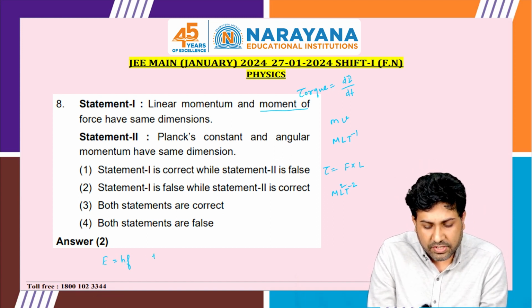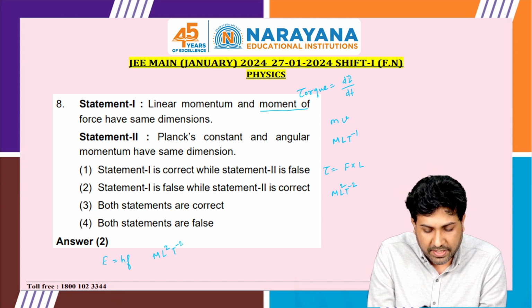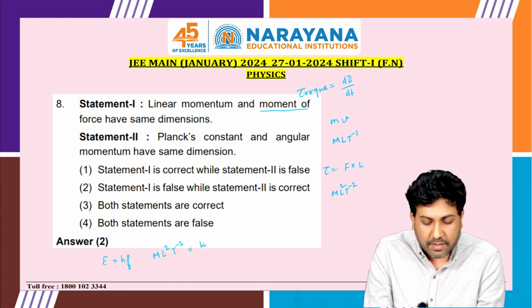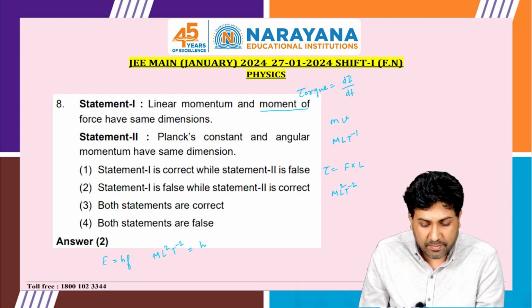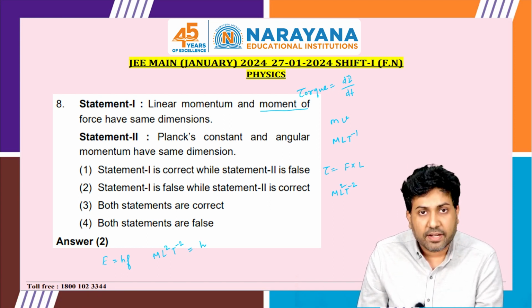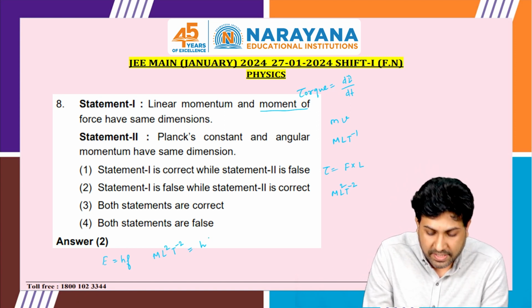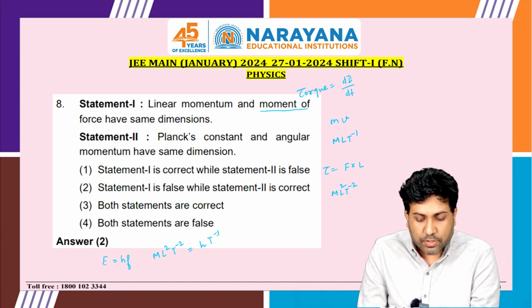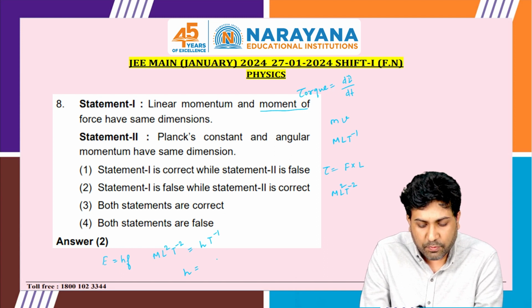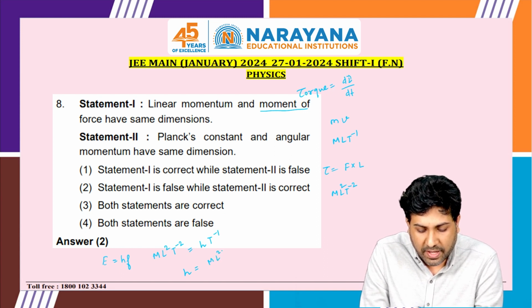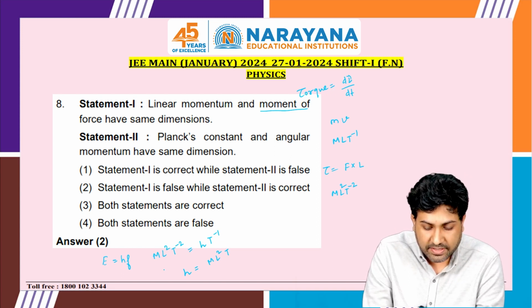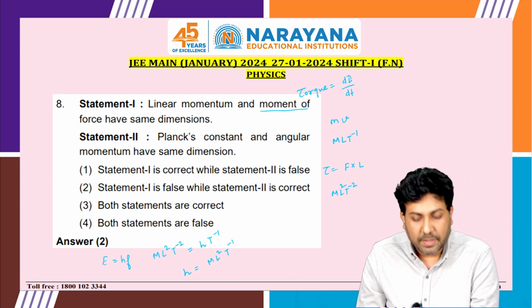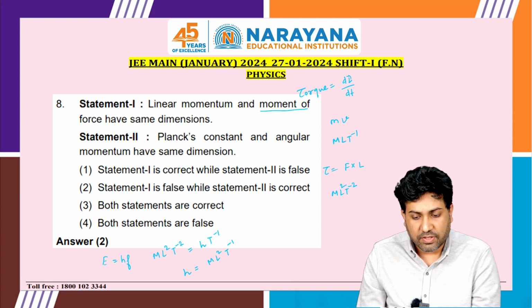The dimension of energy is ML square T minus 2, and the dimension of frequency is T minus 1. So the dimension of Planck's constant will be ML square T minus 2 into T, which is ML square T minus 1.